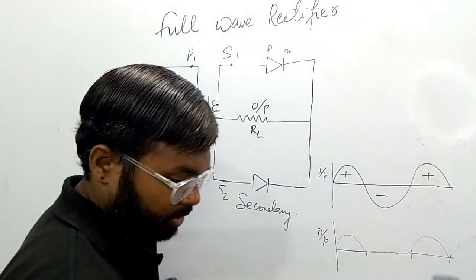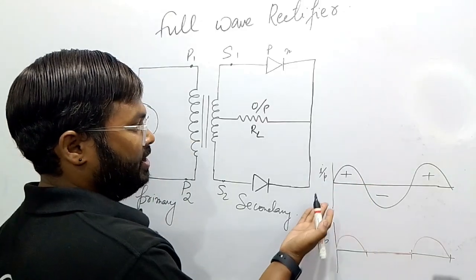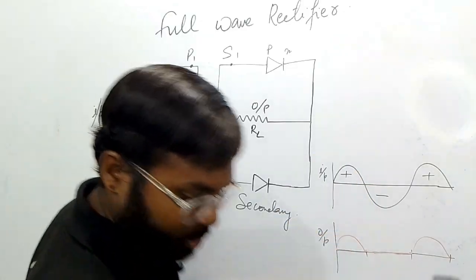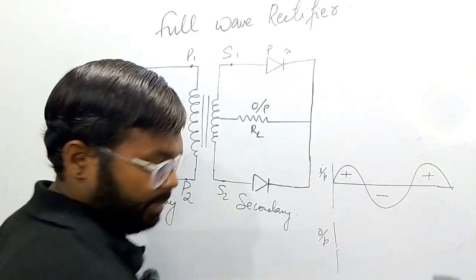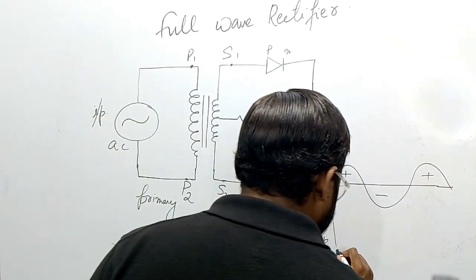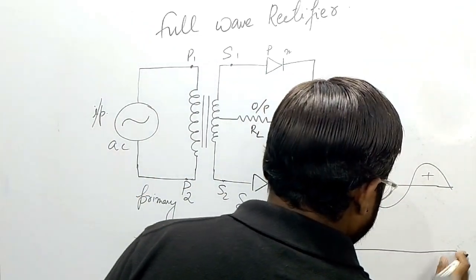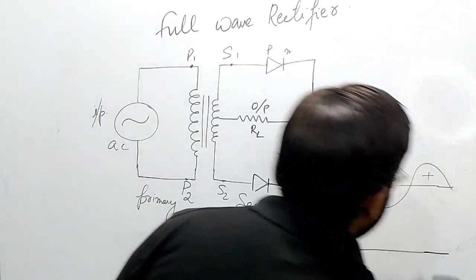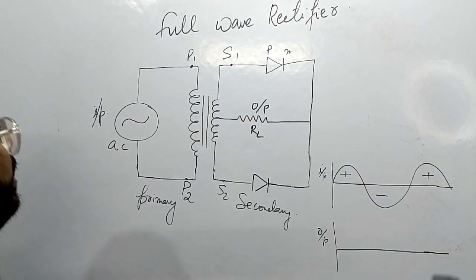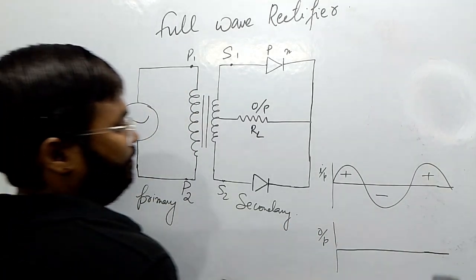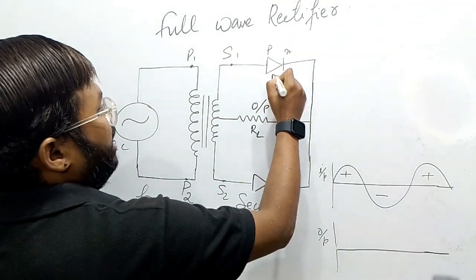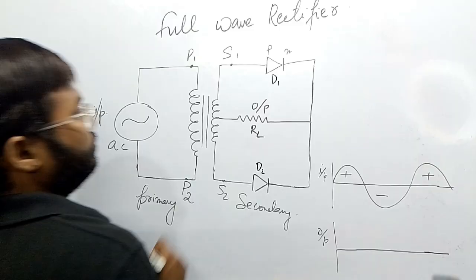So see how it works. The input will be the same, AC, positive half cycle, negative half cycle, but the output which you'll be getting here will be for the first positive cycle. Suppose this is diode 1, this is diode 2.